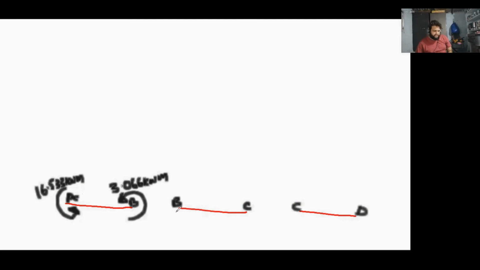Next in the BC span, BA and BC will be the same if this is anti-clockwise. So this will be the clockwise. So this is again 3.066 kilonewton meter. Next CD, MCD is how much? Minus. So this is anti-clockwise. So MCD is how much? 7.732 kilonewton meter.